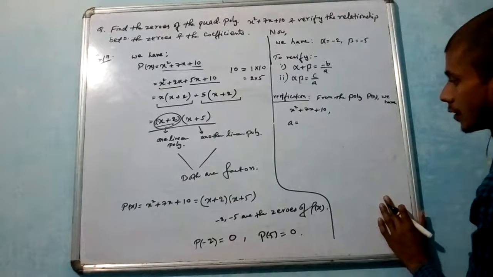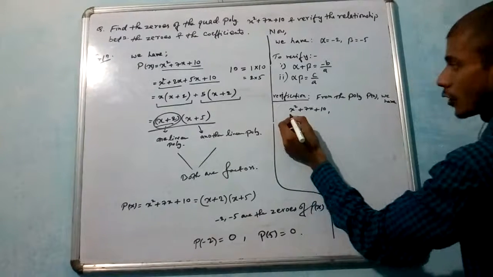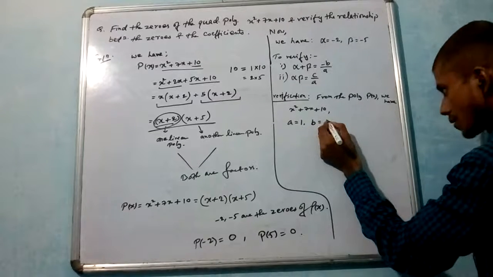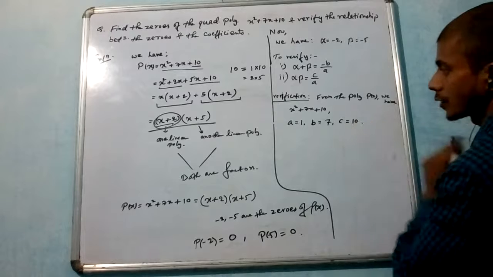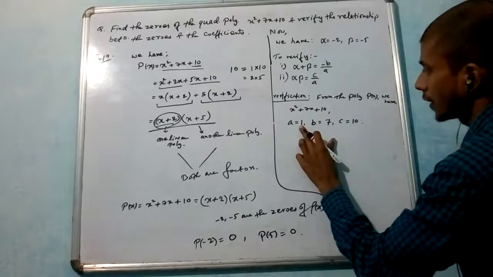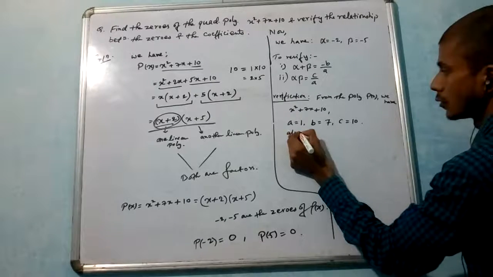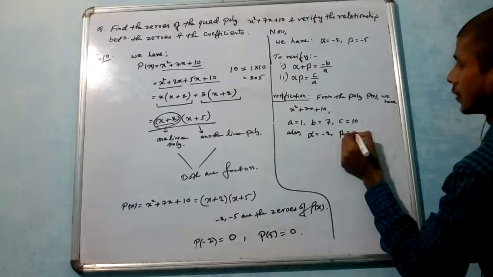A is the coefficient of x square, it is 1. B is 7 and C is 10. Okay, fine. So we have A, B and C, and we have alpha is minus 2, beta is minus 5.